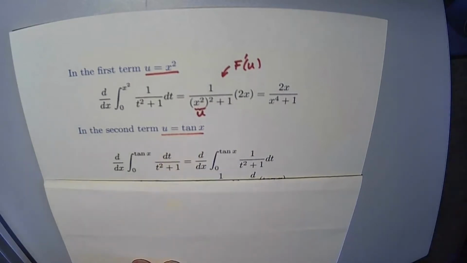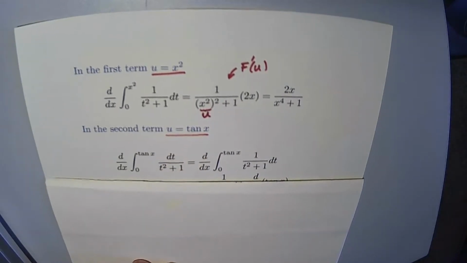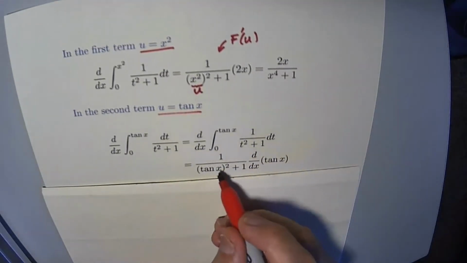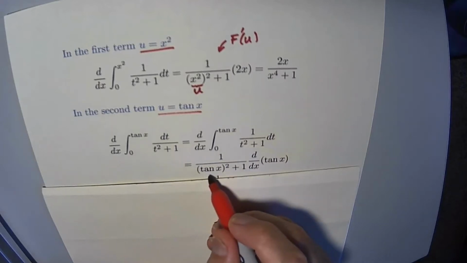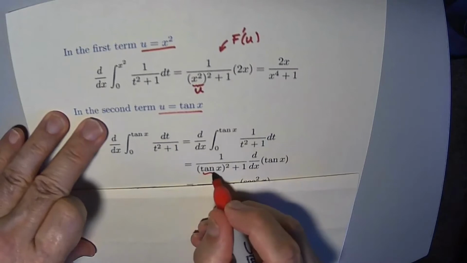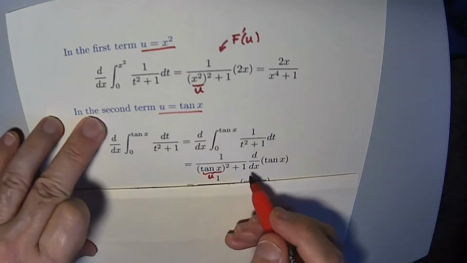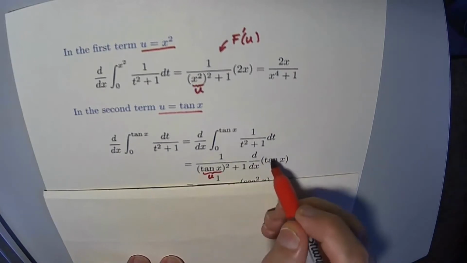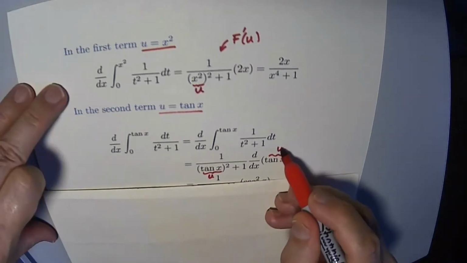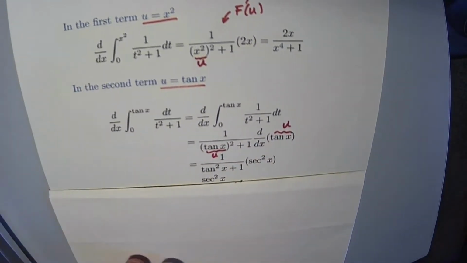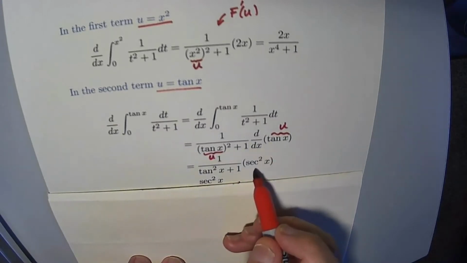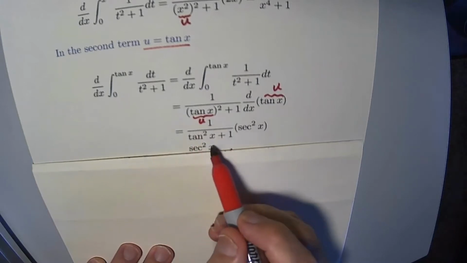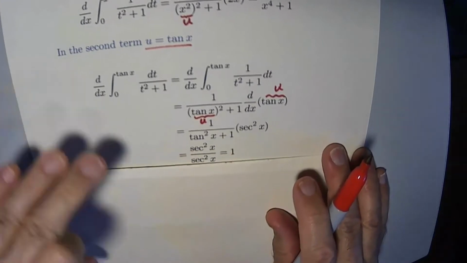For the second integral, the function is tangent of x. Taking the derivative, we'll introduce u equal to tangent of x in here. So we get 1 over u squared plus 1, that's our f prime of u, times du dx. U is tangent of x. And so we take the derivative of tangent, which is secant squared, and the first term over here can be simplified.